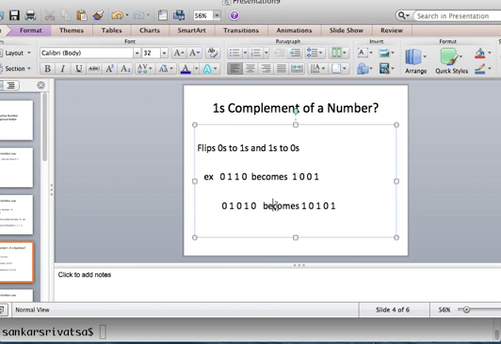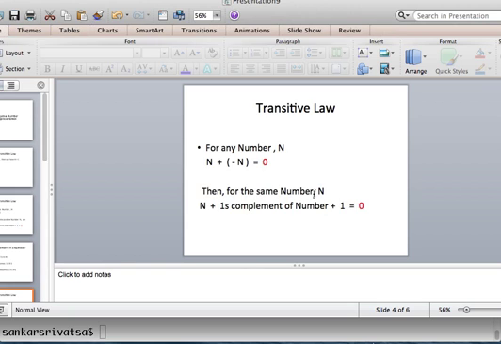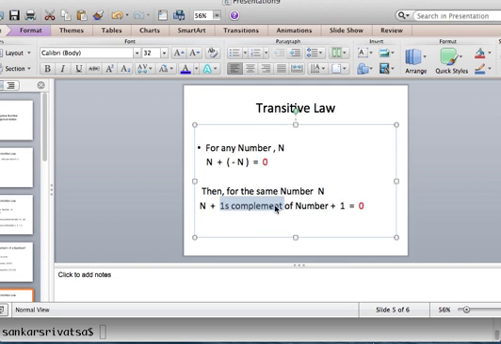The 1's complement of that number is, I flip this 0 to 1 and that 1 to 0, so it becomes 10101. That's what 1's complement is all about.